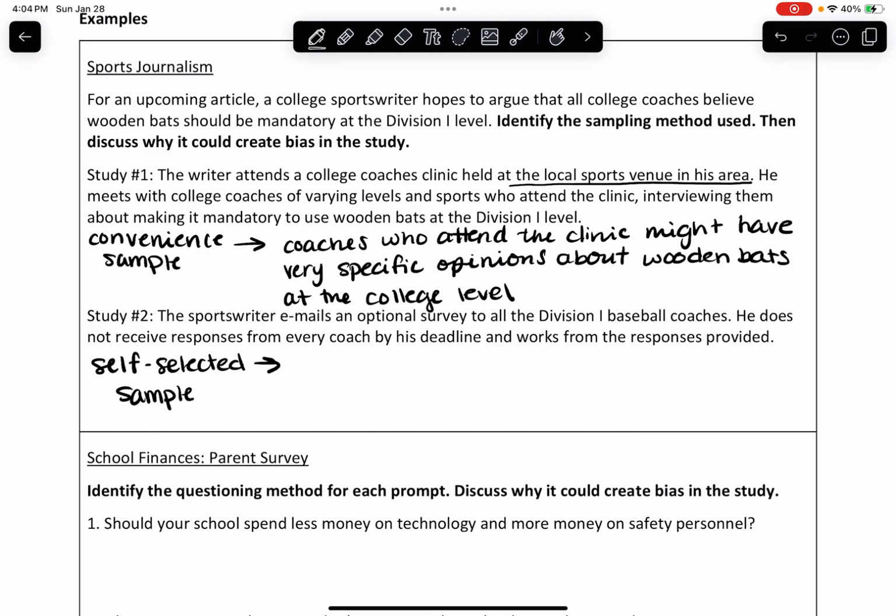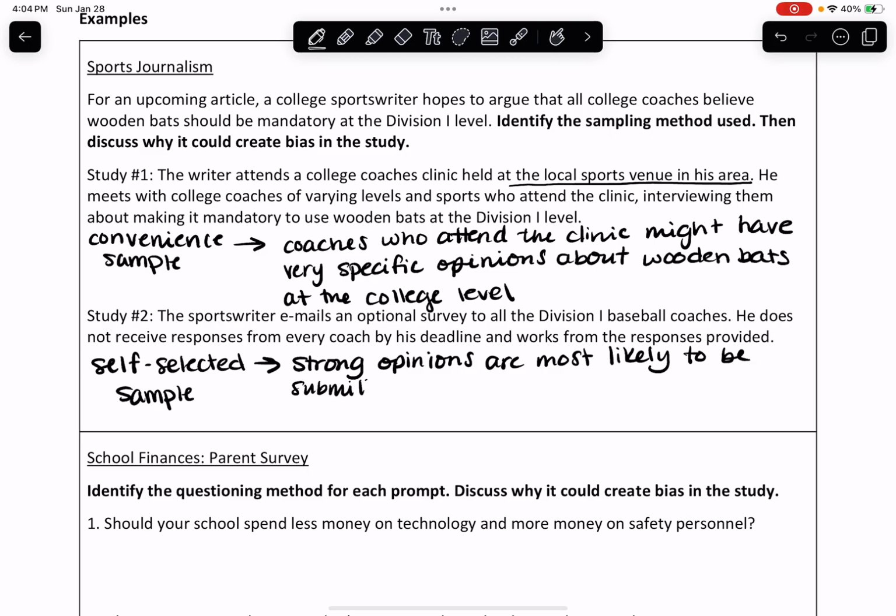So the issue here is that strong opinions are most likely to respond quickly. And in this case, this might underrepresent coaches with milder opinions.